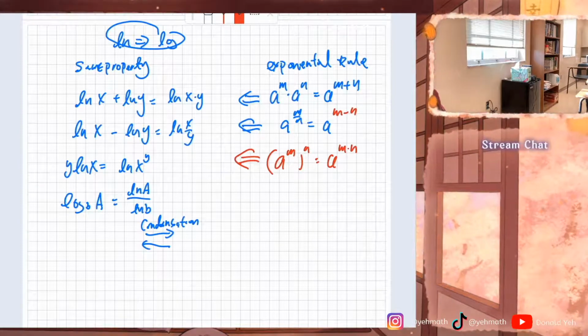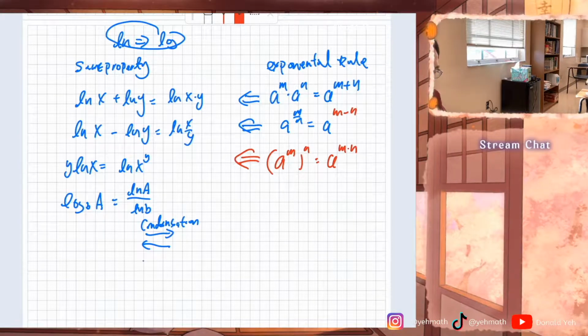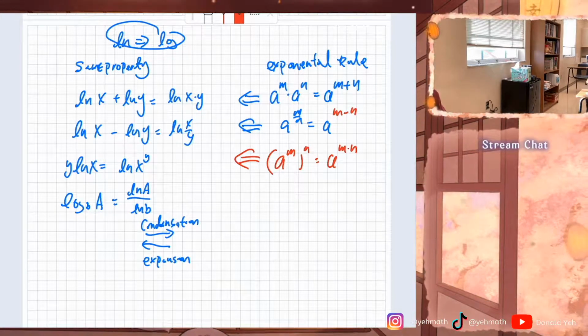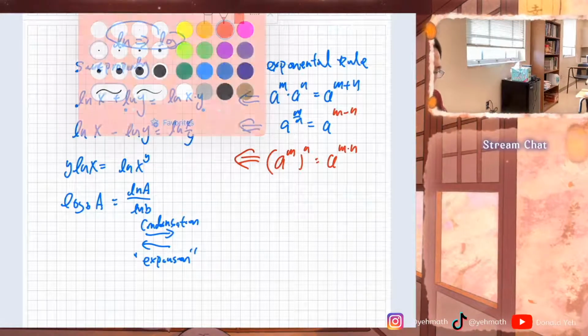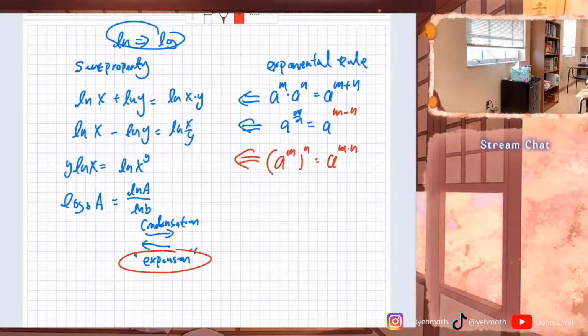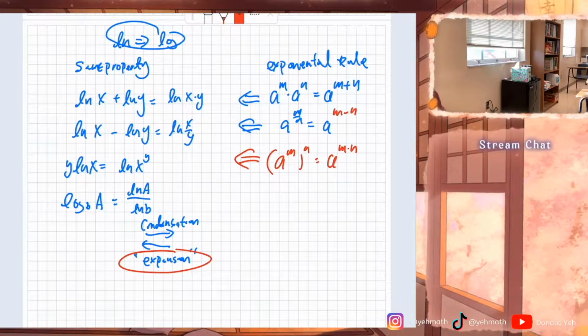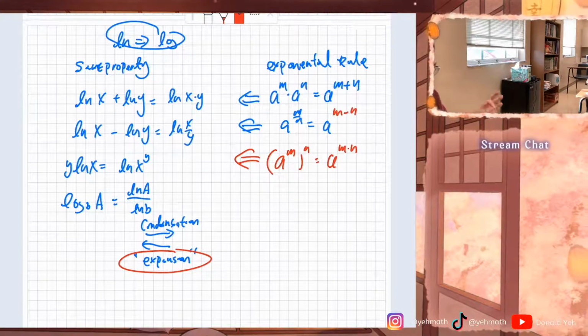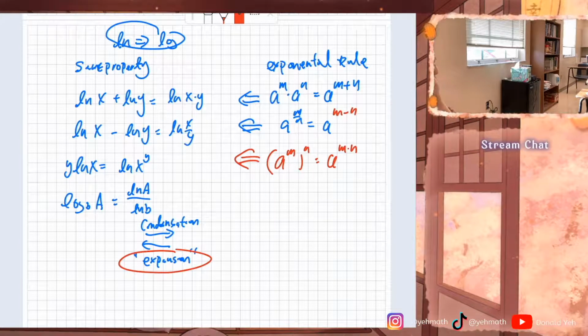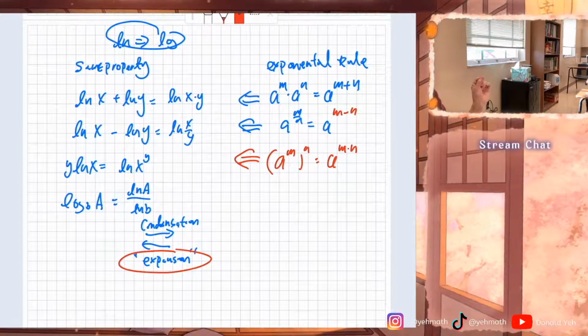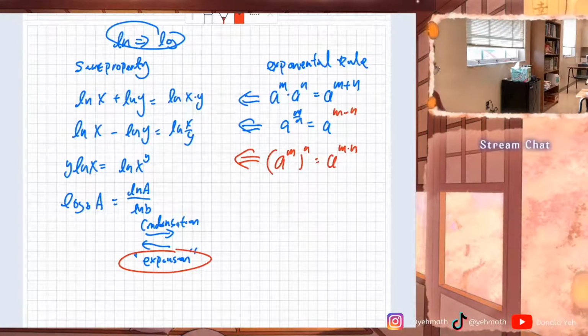The other direction, expansion, is more popular in calculus, because it is so much easier to deal with an expansion of a logarithm and then take a derivative or integral. We're going to practice condensation first, and then we're going to do expansion.